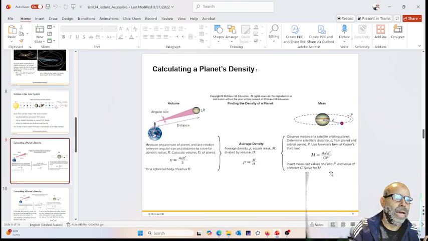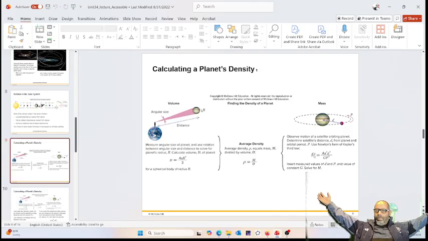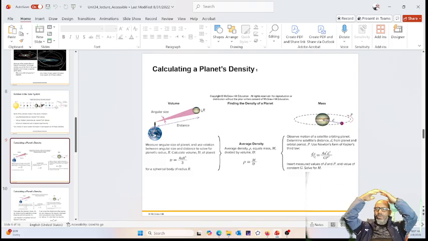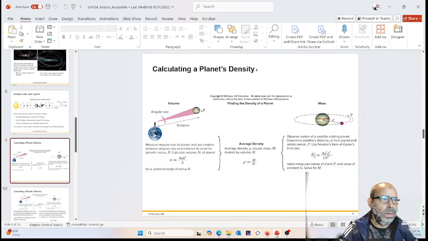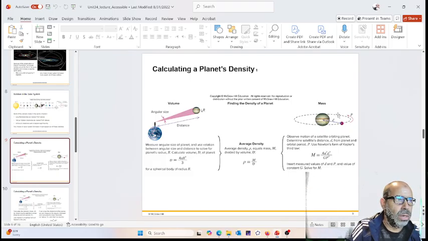And then based on that, we plug in the value of P in here, we can plug in the value of D here, the distance of this moon. So 4 is a number, pi is a number, when you square it, it's going to be a number. G is a constant, 6.67 times 10 to the negative 11. So you plug in all of these things, you'll find the mass of Jupiter. That's the lab. And that's what you do for all of the other planets. Now, imagine you have the mass of the planet through this method.